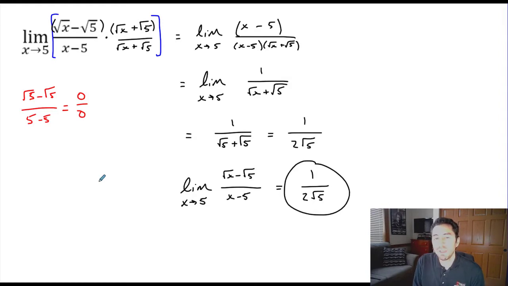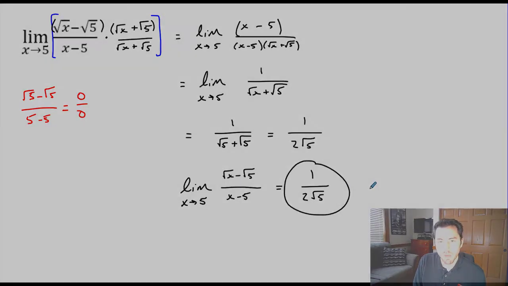Well, that doesn't mean that the limit doesn't exist. We can work with it a little bit. Here we multiplied by the conjugate to rationalize the numerator, and then we were able to simplify, and we were able to find the limit.